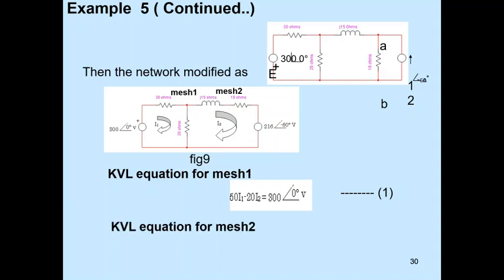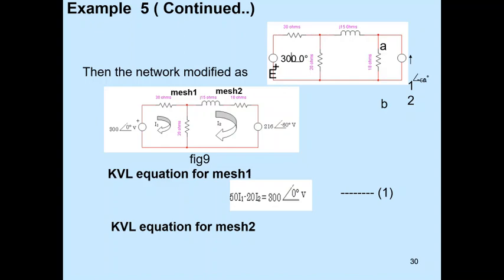And in mesh 2, the current in 18 plus j15 ohms is I2 and current in 20 ohms is I2 minus I1.